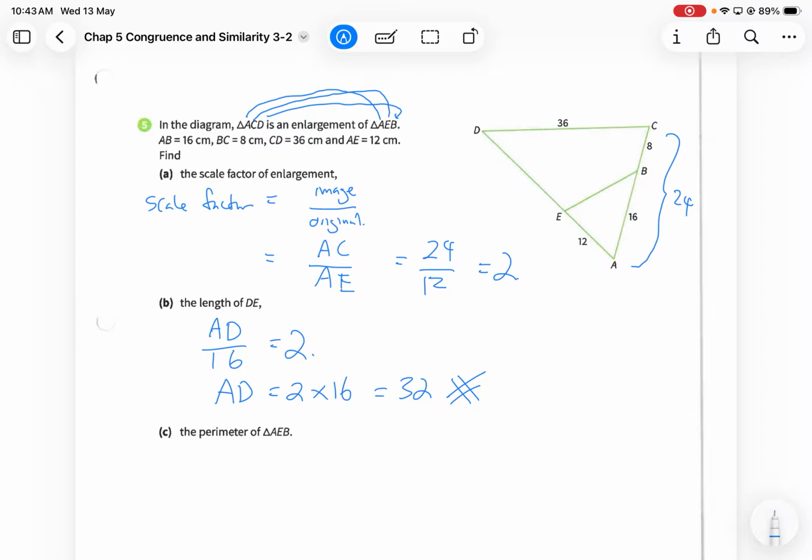Okay, done? Okay, part C. Ernest, why are you looking at your PLD? Hey, you really don't need your PLD. Put your PLD away. Put it in your bag.